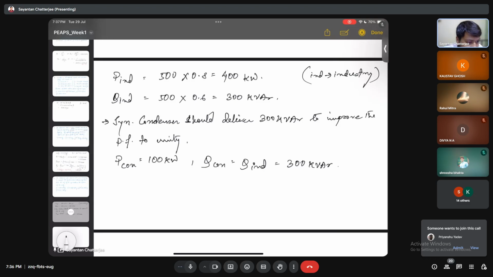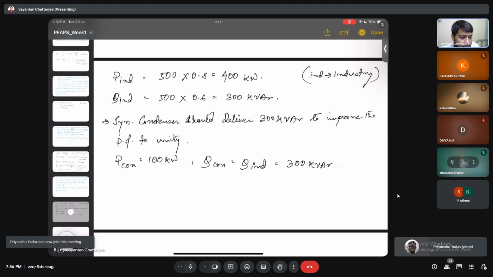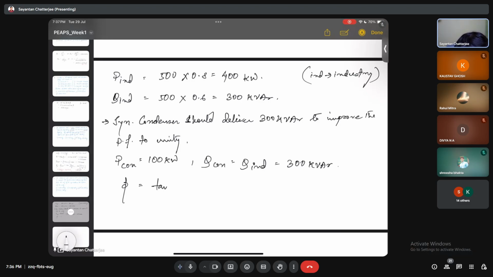So this much amount should be delivered. We can find the power factor angle phi, that is tan inverse of Q con by P con.